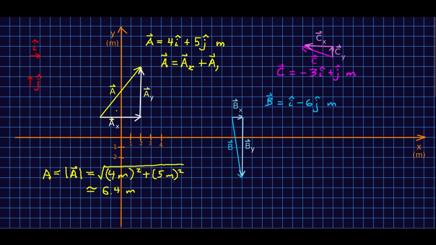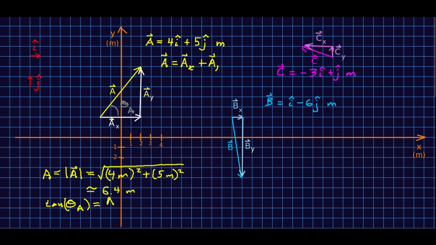Now, the other thing we need is an indication of direction, and the easiest thing is just to get this angle here, because we usually state the direction of a vector in terms of its angle from the x-axis. So I'm going to call this theta A, the angle for the vector A. And what we know is that tan of theta A is the opposite over the adjacent.